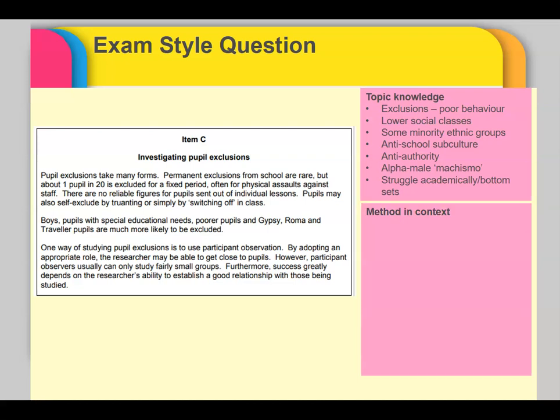In terms of the method in context, if we look at the extract, it does talk about 1 in 20 pupils excluded, physical assaults against staff, no reliable figures. Pupils can self-exclude by truanting, so it's not just done by the school, or they're going to switch off in class as well. There's all sorts of different ways that pupils can exclude.